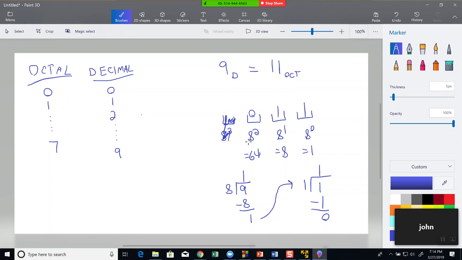I'll do a harder example because that one's kind of easy. 64 is about as high as I can go, though. So let me choose like a 50 or 100. I think 100 will work.